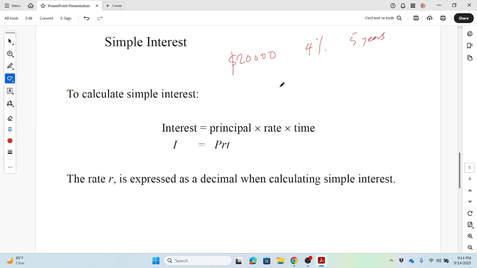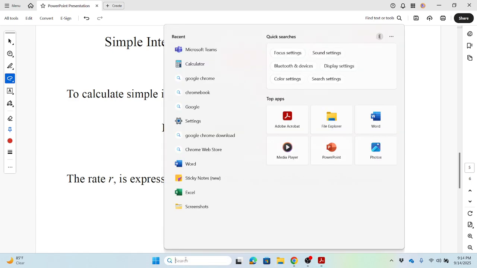Then if you want to calculate the interest, this is your principal, this is your rate, and this is your time. But when you calculate, you do not use the percentage sign, you use the decimal of the percentage, which is 0.04, and you just calculate that amount. That gives you the interest.